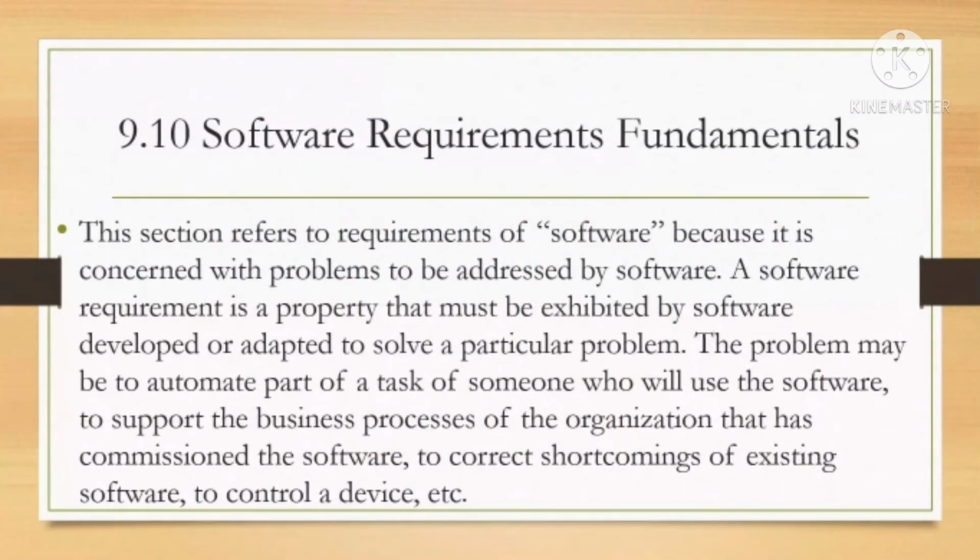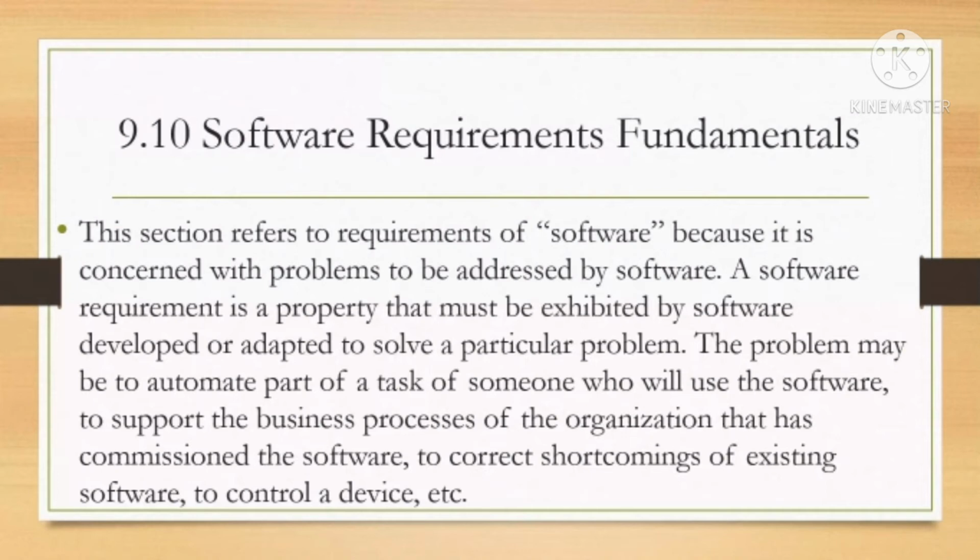9.10 Software Requirements Fundamentals. This section refers to requirements of software because it is concerned with problems to be addressed by software. May mga na-encounter kasi tayong software problems na kailangang tukuyin at resolbahan para sa mga business processes na gumagamit ng software. A software requirement is a property that must be exhibited by software developed or adapted to solve a particular problem.